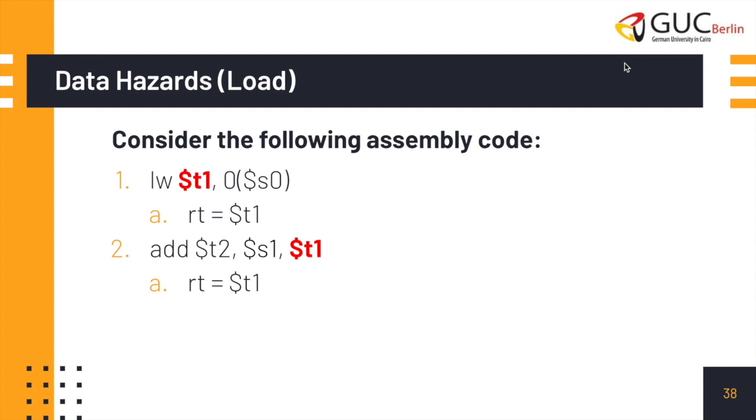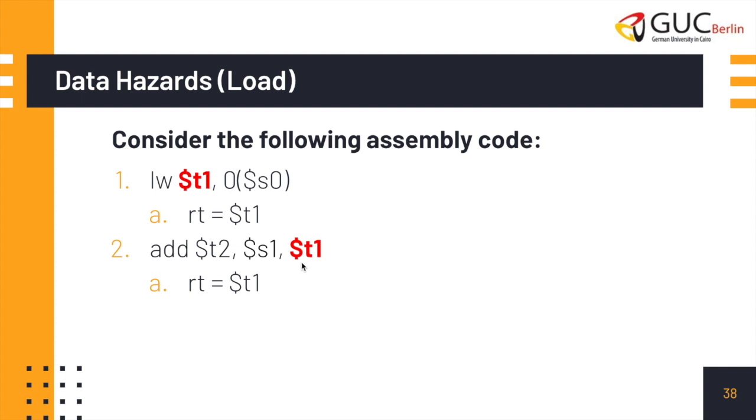Okay, so now let's move on to another condition as we had in the forwarding unit. We checked on register RS and we had to check also the second operand, which is the register RT. So consider the following assembly code. The first instruction is the normal load instruction. I am loading some data from the data memory to register T1, but in the second instruction I am performing an addition instruction, and the second operand is the operand that is having the dependency.